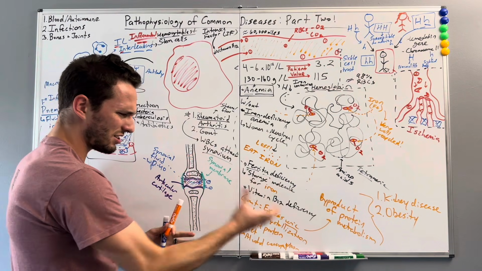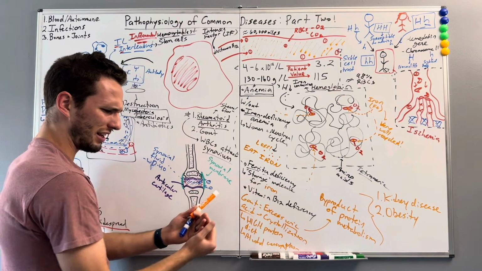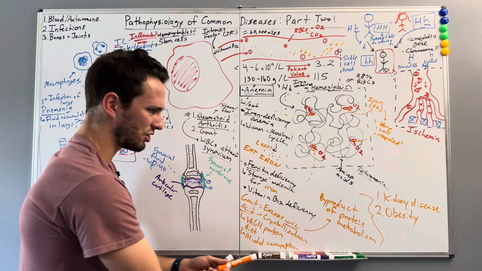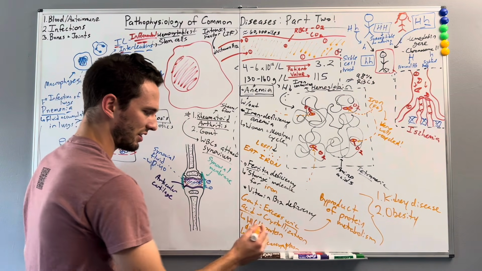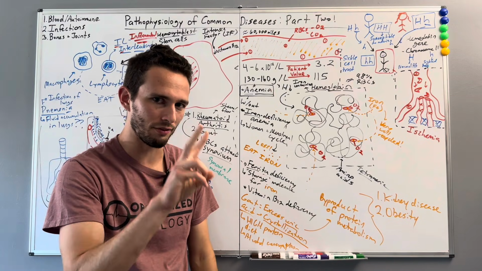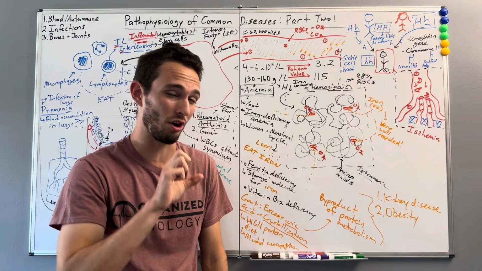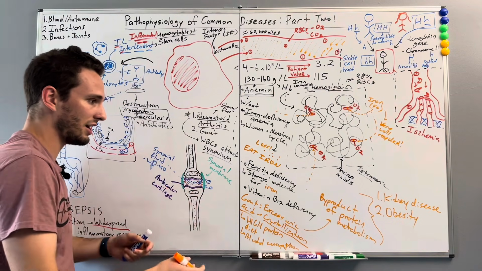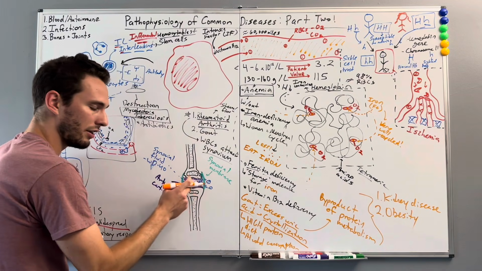Okay, so this is uric acid though, and we know that it can be cleared out through the kidneys. So how is uric acid turning into a solid? I said crystallization. Well, it can do that in two different places, both of which are very nasty. One, the gout crystals can accumulate in the joints.